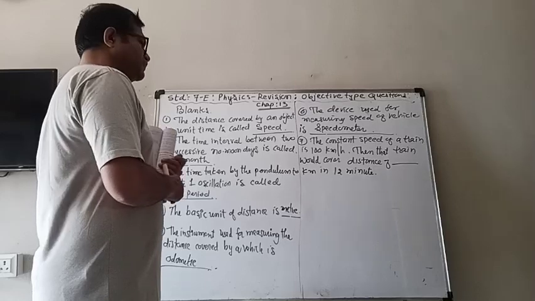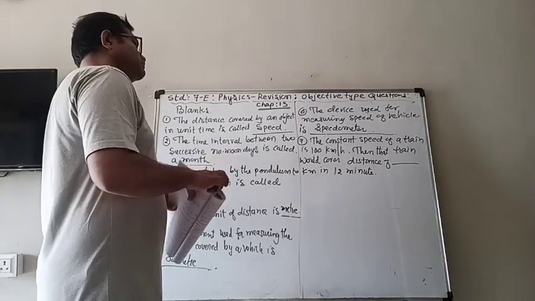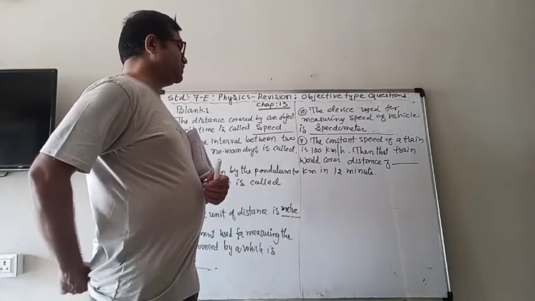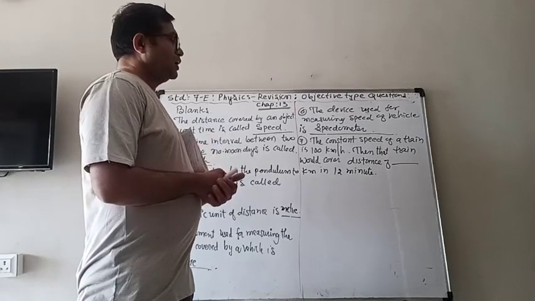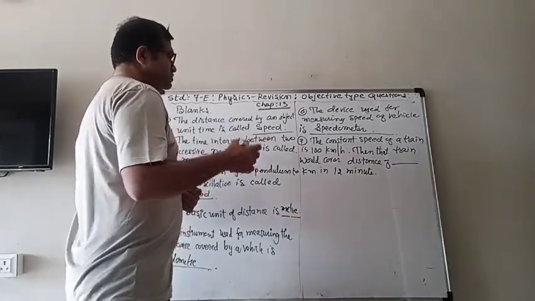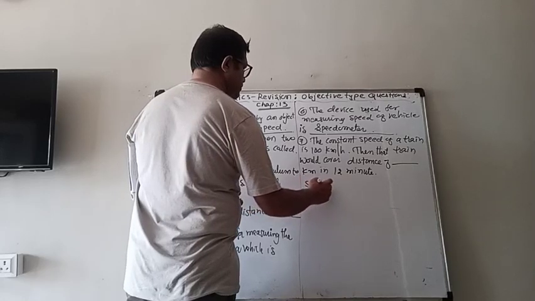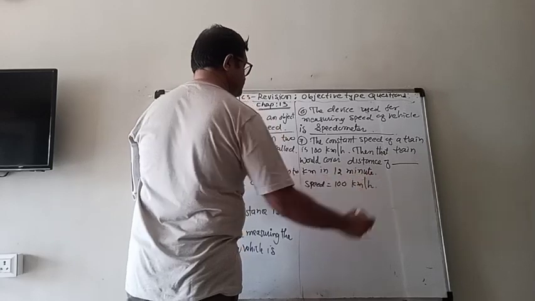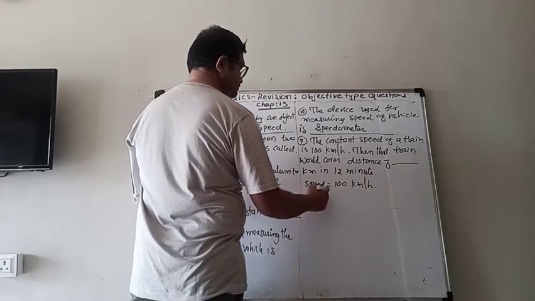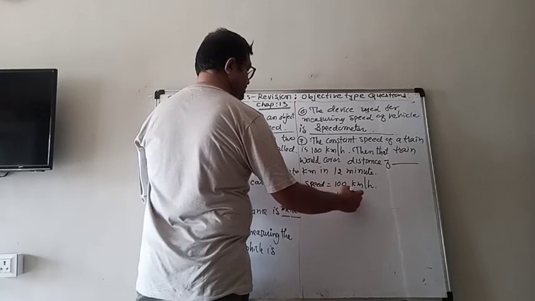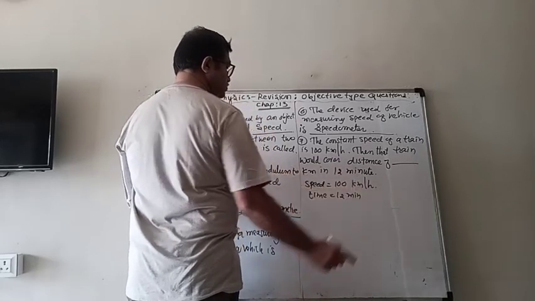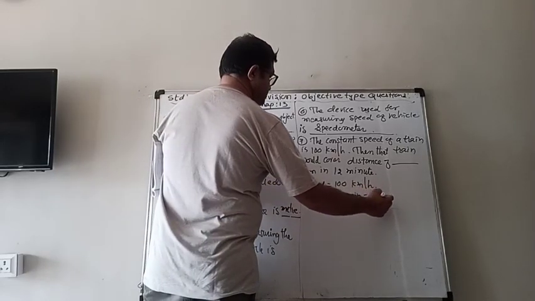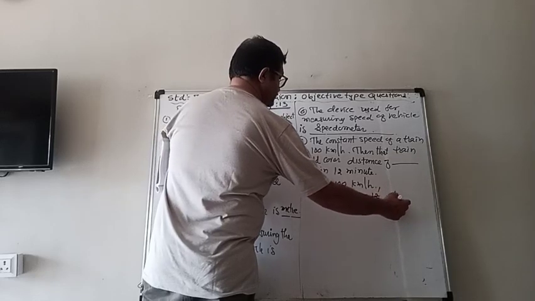So now, first of all, we have to see that in 12 minutes. So here the speed is given as 100 km per hour. And time given is 12 minutes. But now that minute we have to convert into hour. That is 12 divided by 60. So 1/5 hours.